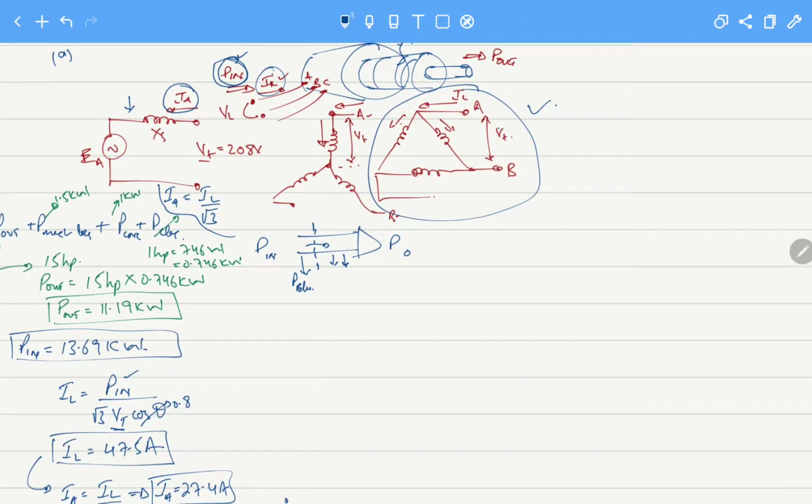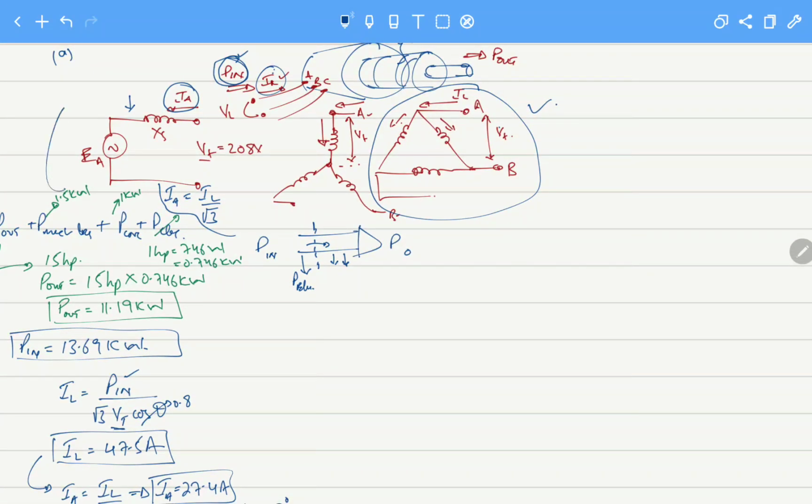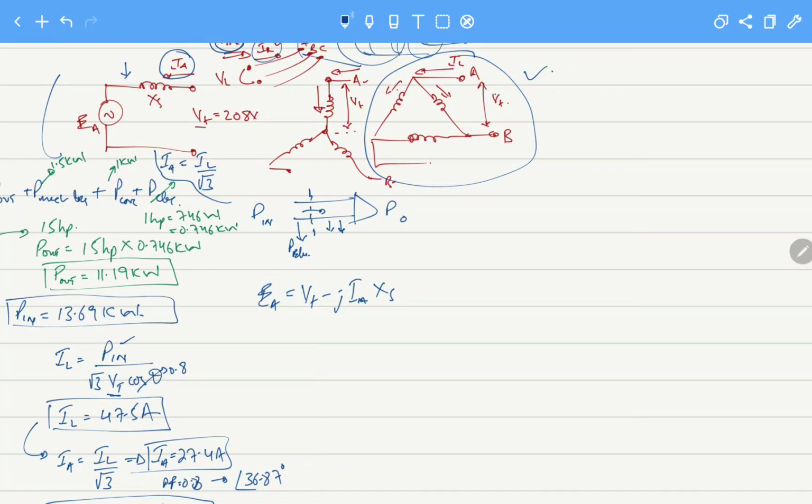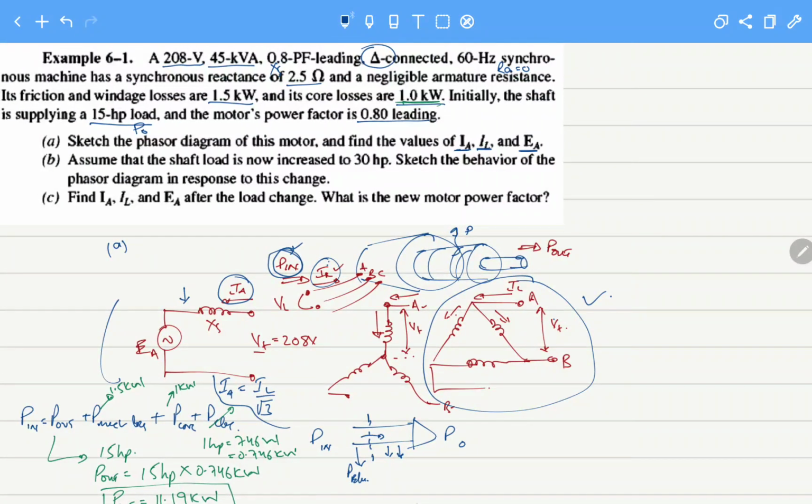So how can we find EA? EA we can find from this per phase equivalent. From the KVL formula, we know EA equals VT minus j IA XS. VT we know is 208 volts with angle 0. The value of XS we know is 2.5 ohms, it is given here.